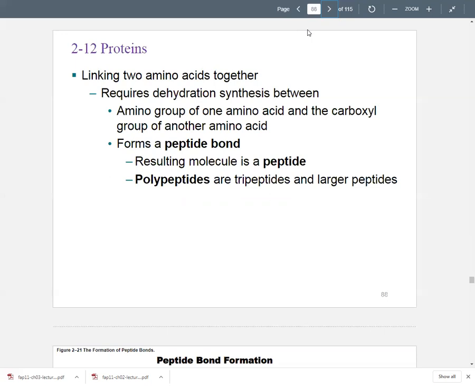The molecule that's created is a polymer, which we call a peptide. And a polypeptide is anything that's 3 peptides or larger. So anything that has essentially 3 amino acids to it or more.